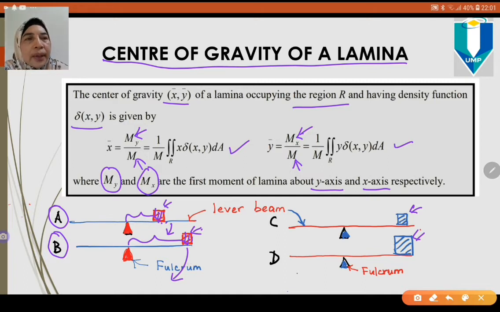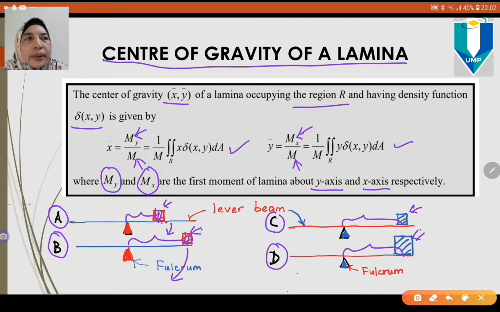Now let's look at figure C and figure D. You notice that the distance of the mass from the fulcrum is the same, but the mass is different.